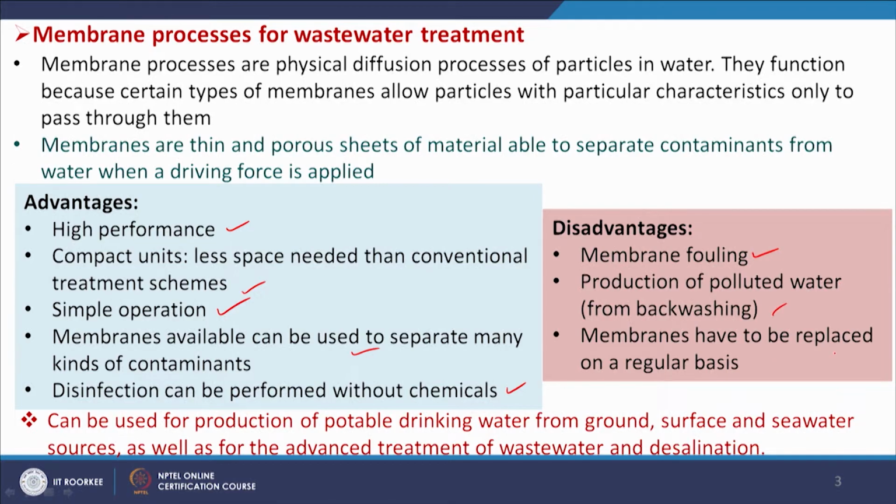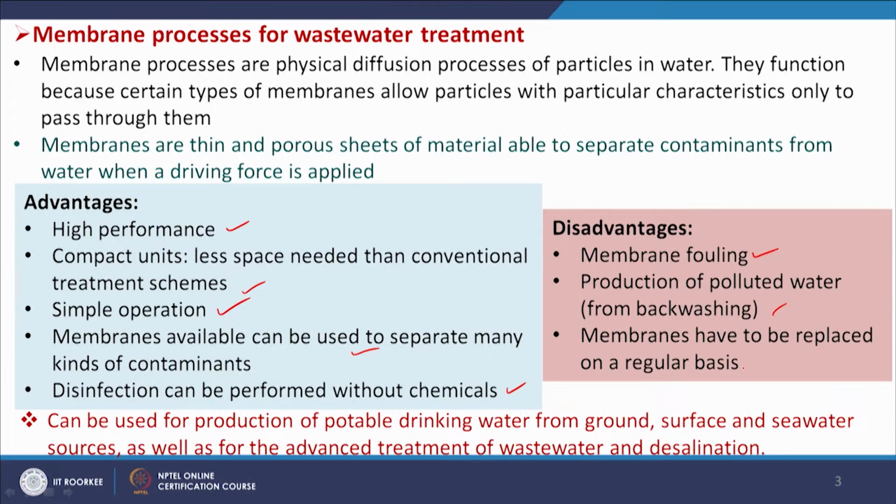Water molecules pass through the membrane, and on one side we get the permeate and on the other side we get the concentrate. This other side is called the retentate. That retentate contains the pollutants, and the concentration of the pollutants is very high in that part, and membranes have to be replaced on a regular basis.